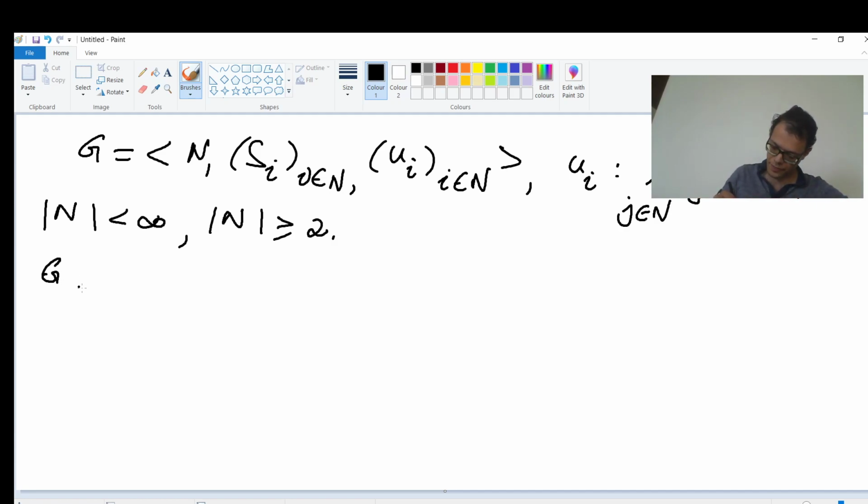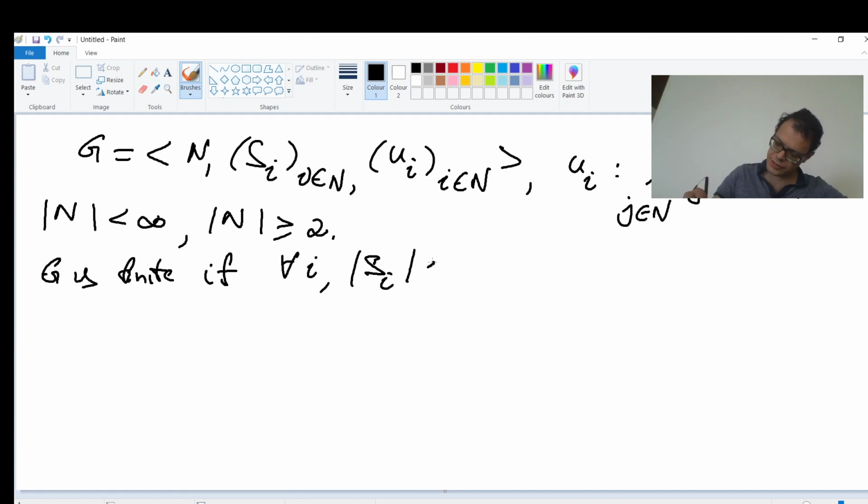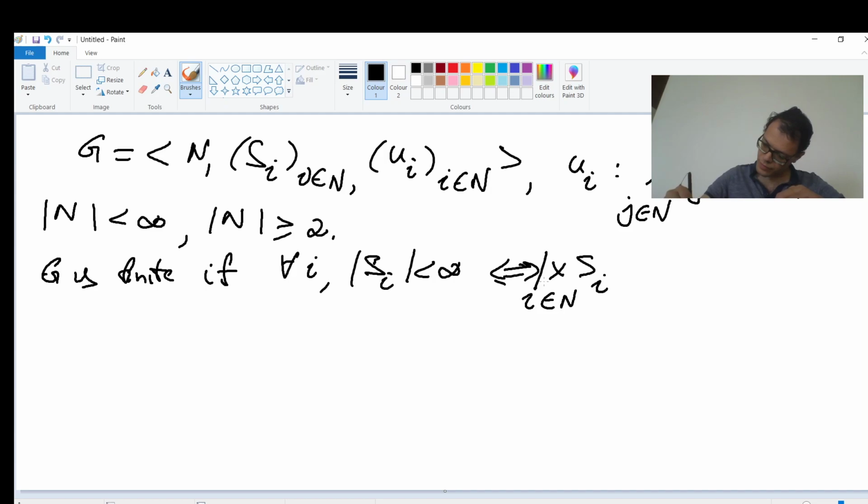So G is finite if for each player its strategy set is finite, or an equivalent condition, if the Cartesian product of all those S_i is finite.